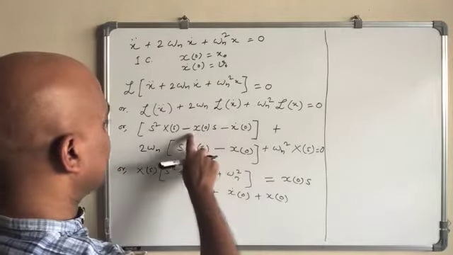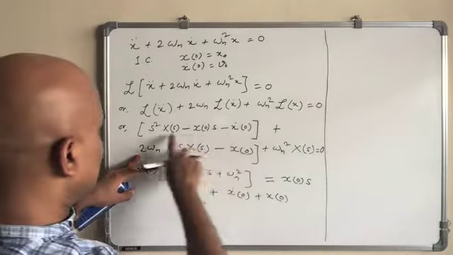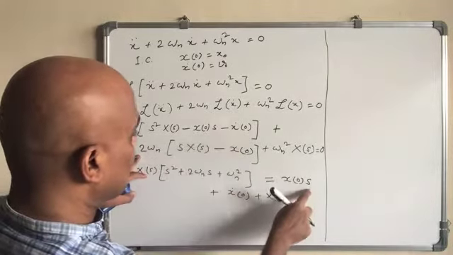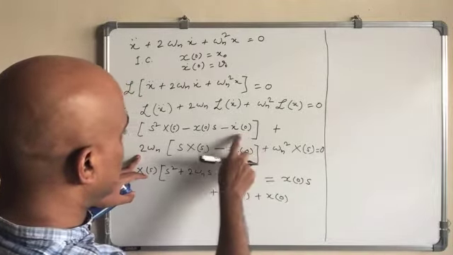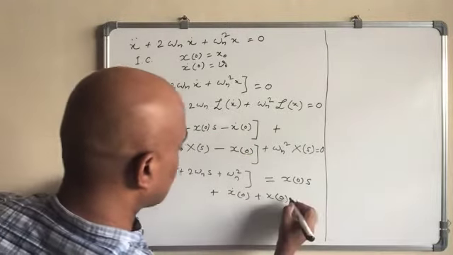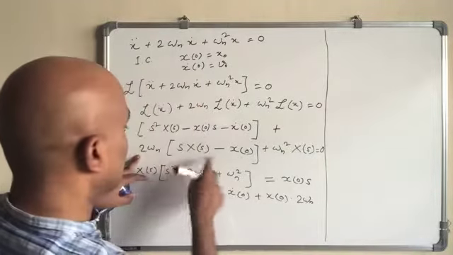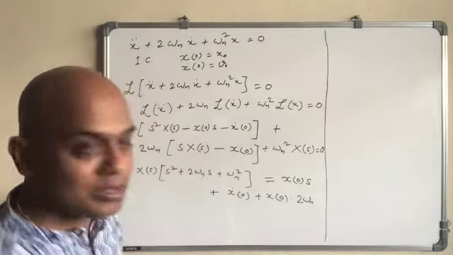All plus signs; this and this have no coefficient, but this one has 2 omega n, so we multiply it by 2 omega n.